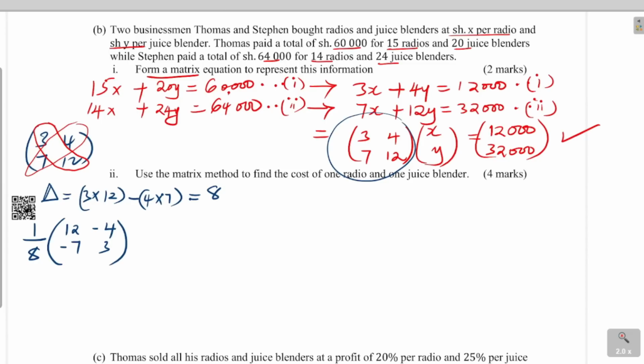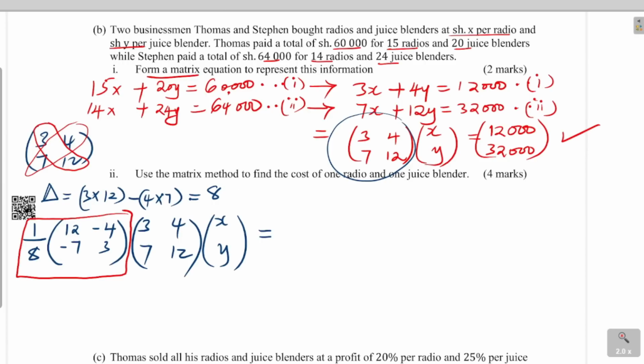After getting that, you pre-multiply both sides of this matrix equation by this inverse. So you have 3, 7, 4, 12, times X, Y, equals, you pre-multiply, meaning this inverse should come before.